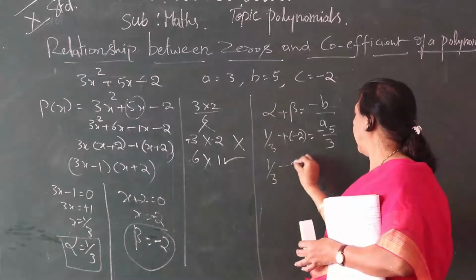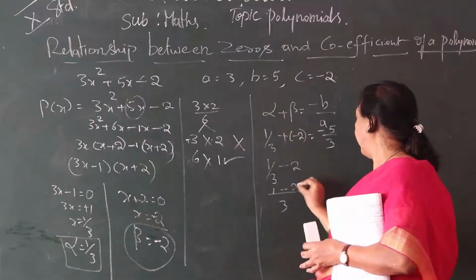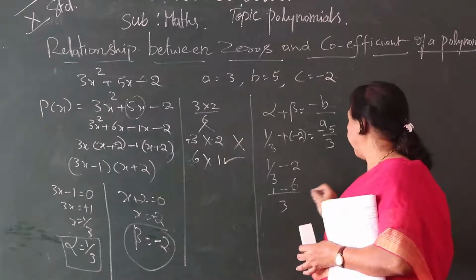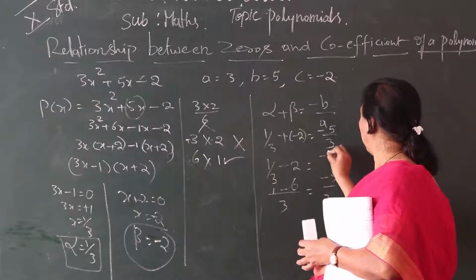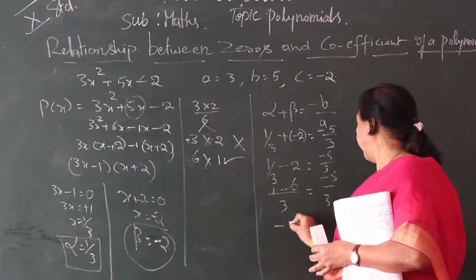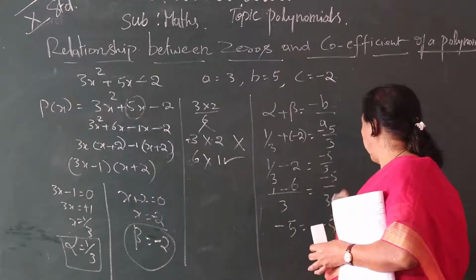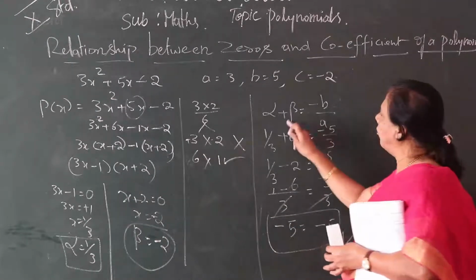Simplify it. Minus 2, here is the LCM. 1 minus 6 is equal to minus 5 by 3. Here also minus 5 by 3. So 3 cancel. Here minus 5 is equal to minus 5. Left hand side and right hand side cancel. This is correct.